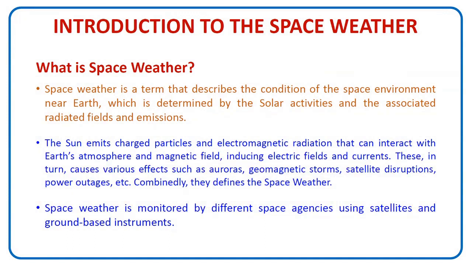Jupiter also experiences certain space weather, but that is different from what we experience at the Earth. So this is location dependent, but on a different scale. At the same time, it is determined by the solar activities and associated radiated fields and emissions, which are different and short-term in nature.